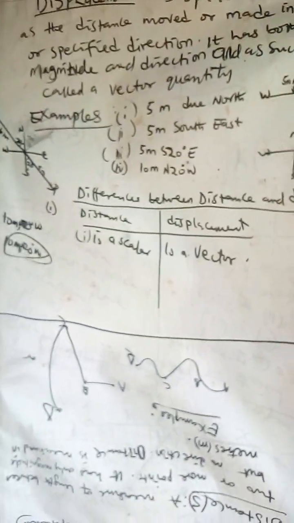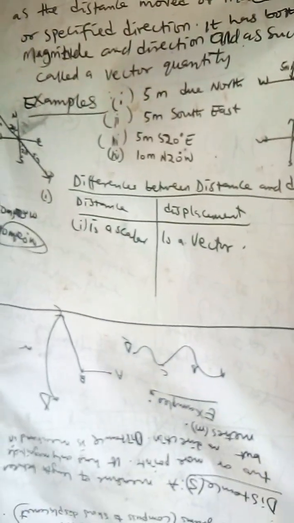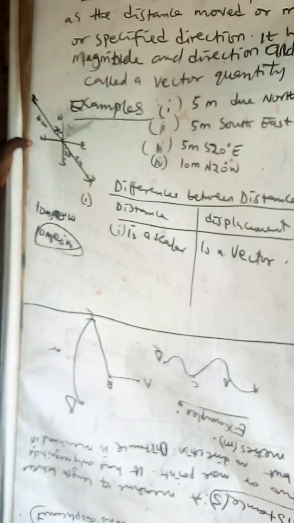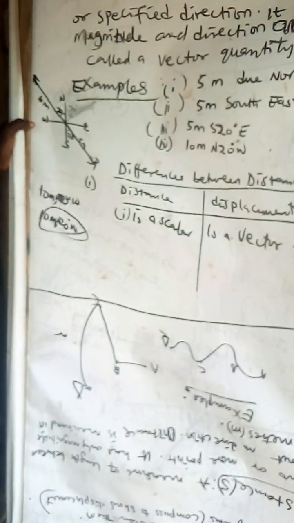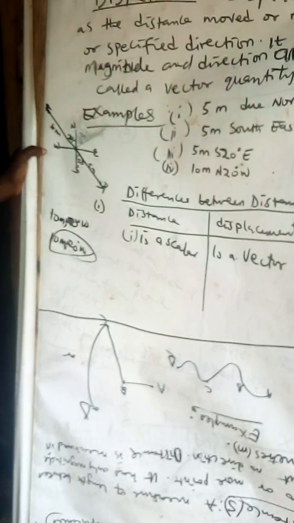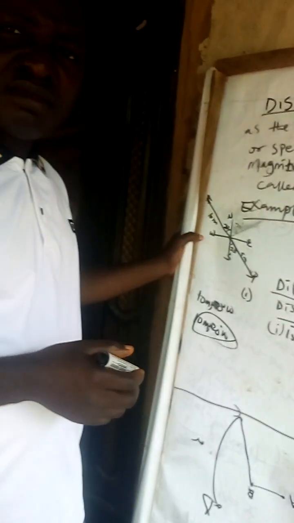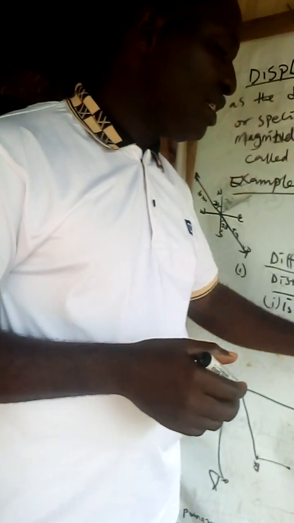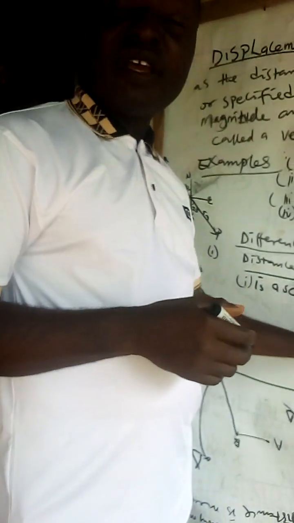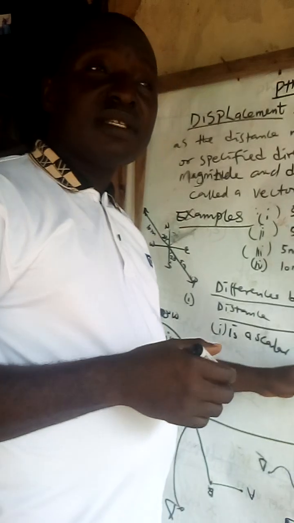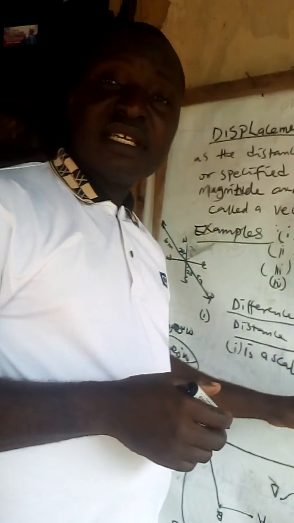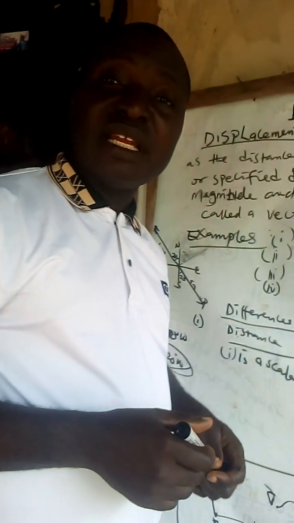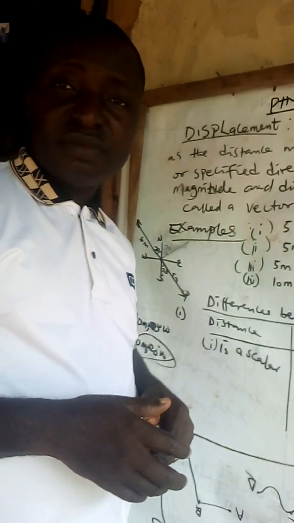In physics, a scalar quantity is a quantity that has only magnitude but no direction. Okay? So in displacement, we now have that is a vector. A vector is a quantity that has both magnitude and direction.